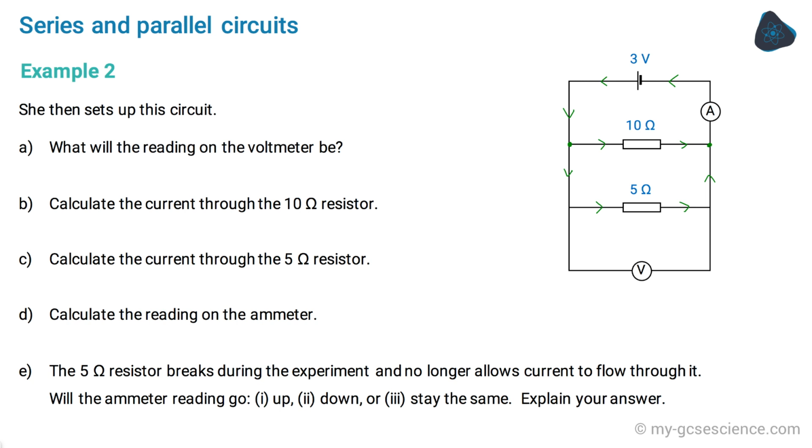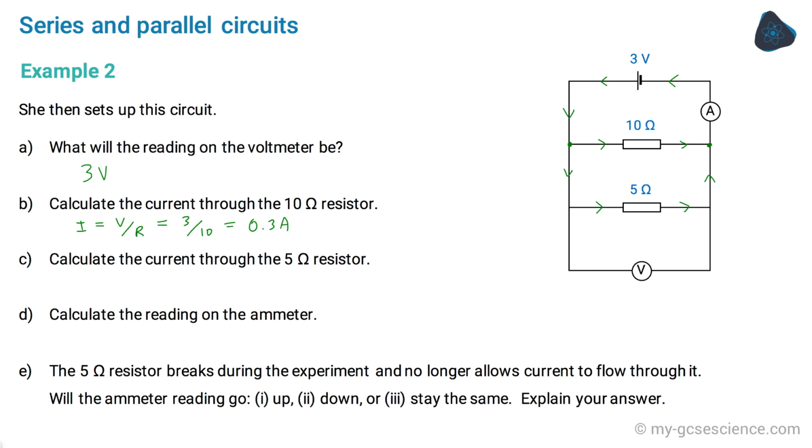Because this is a parallel circuit, the PD across each branch will be the same, and so in this case it will be equal to 3 volts, which is the cell PD. Moving on to part B, to calculate the current through the top the 10 ohm resistor, we'll again use V equals IR, which we rearrange to I equals V divided by R. Subbing in our values now, 3 divided by 10, which gives 0.3 amps.